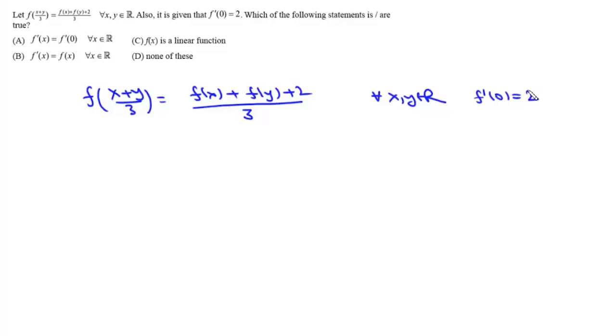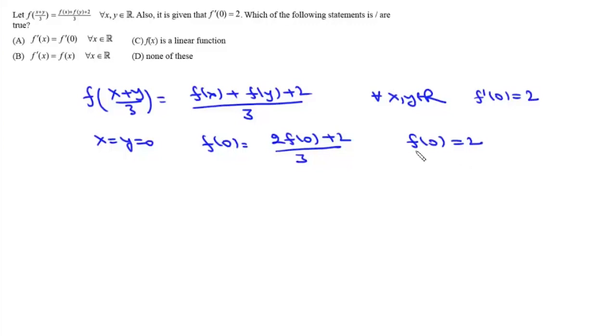Now first we will find the value of f0, and for that we will put x as 0 and y as 0. Now this will be f0 equals 2f0 plus 2 divided by 3. That means the value of f0 is simply 2.